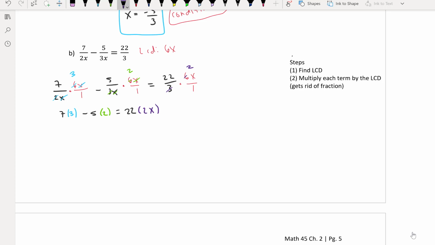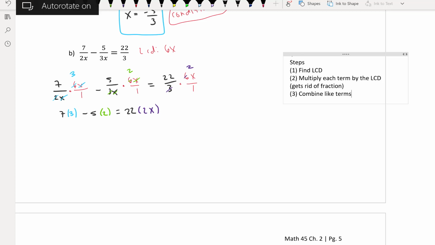So now let's go ahead and combine like terms. I'm going to go over here to step number 3, combine like terms.